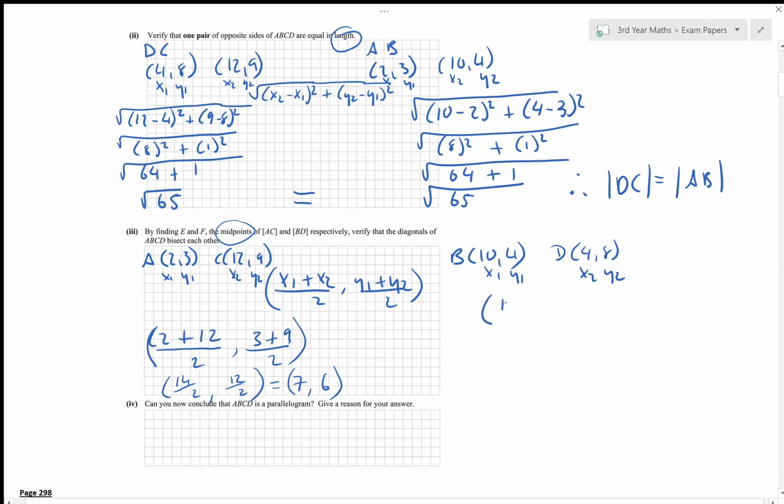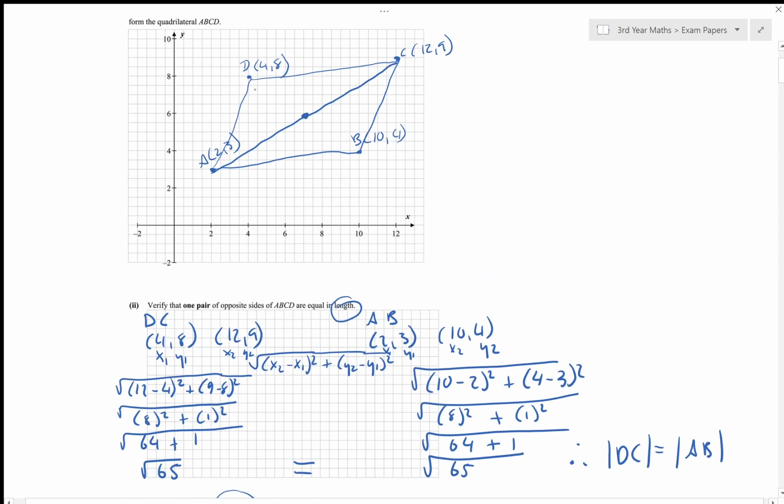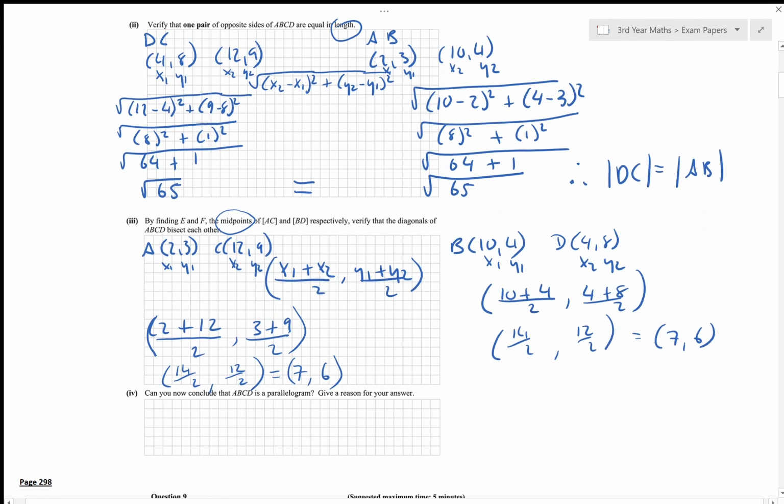So x1 is 10 plus x2 is 4 all over 2, and then your y1 is 4 plus y2 is 8 all over 2. So 10 plus 4 is 14 over 2, 4 and 8 is 12 over 2. So that gives me an answer of 7 and 6. Let's go up to our diagram again and see, does that make sense? Yep, so the midpoint is 7 and 6.